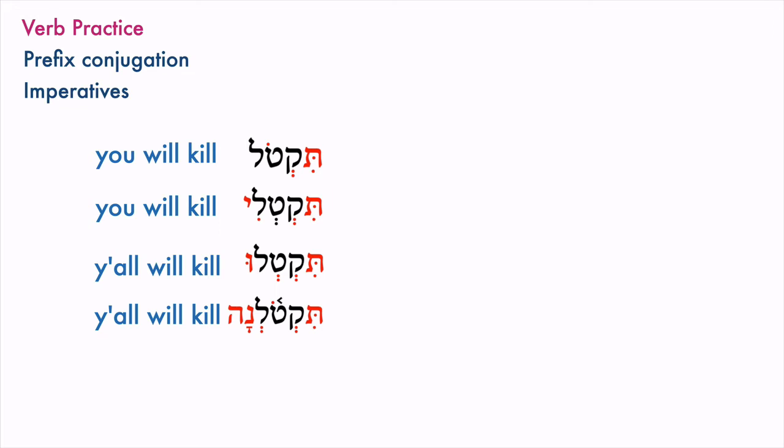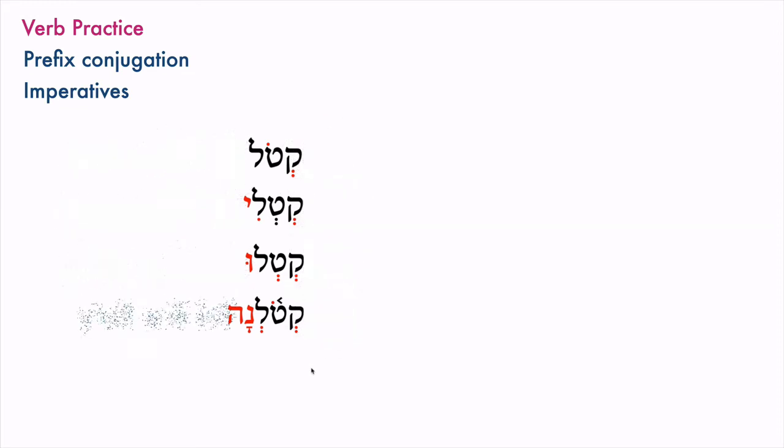Well, if you look at all of those preformative tavs on the front, this is a prefix conjugation because it is characterized by preformatives. All we have to do to make the imperative is to erase those first preformatives.